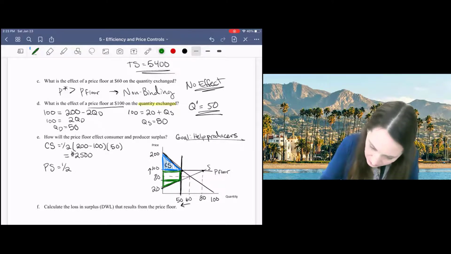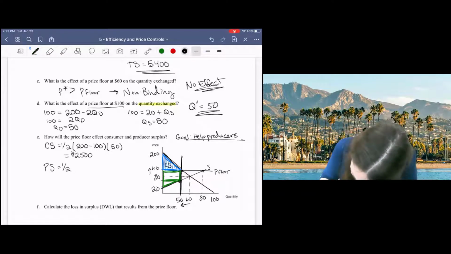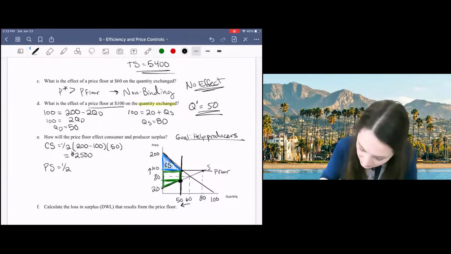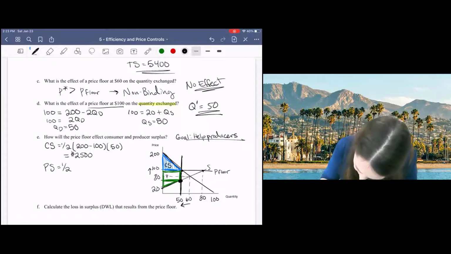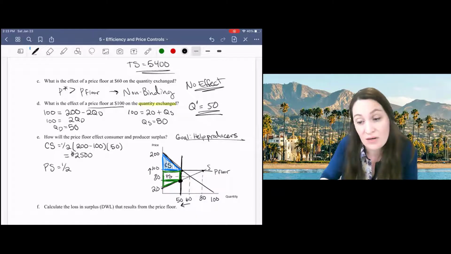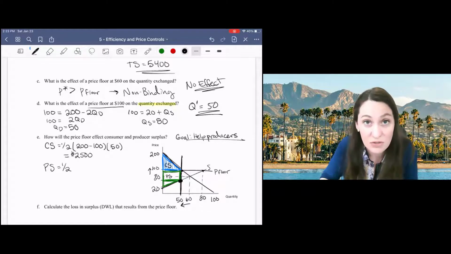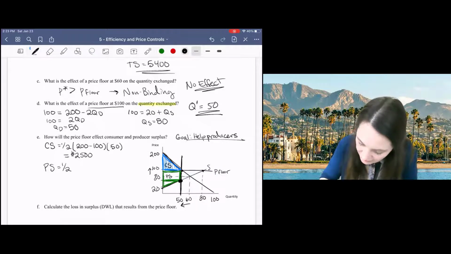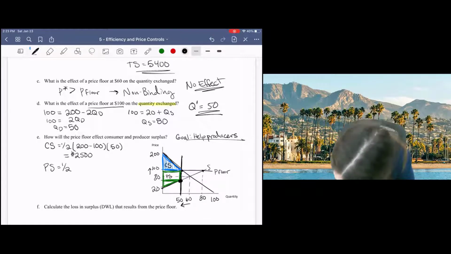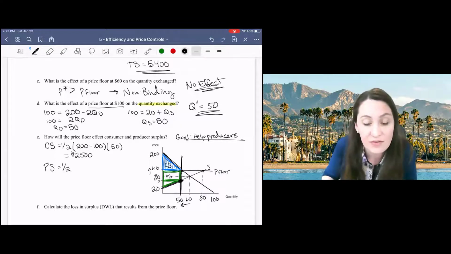In order to find the area of that shape, we should take the point here where we have a quantity of 50 along the supply curve to break producer surplus into a triangle and a rectangle. So I know how to find the area of those shapes. So we have to find this price here, the price along the supply curve where the quantity is 50.